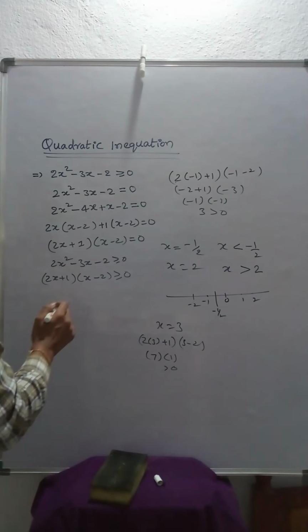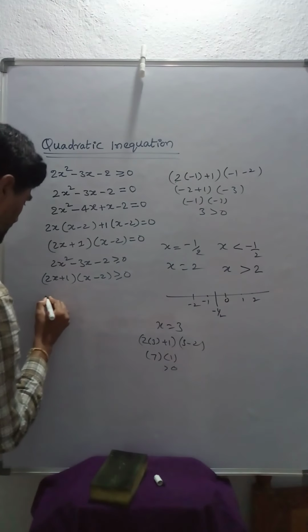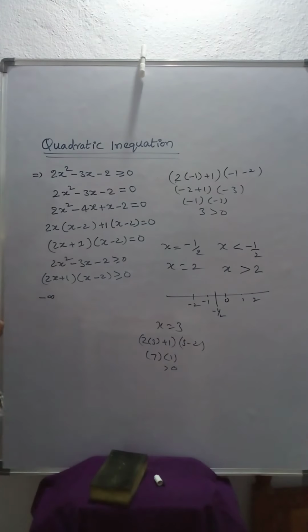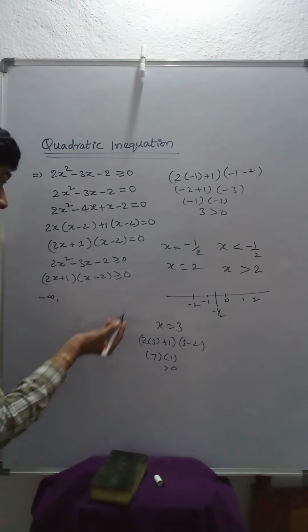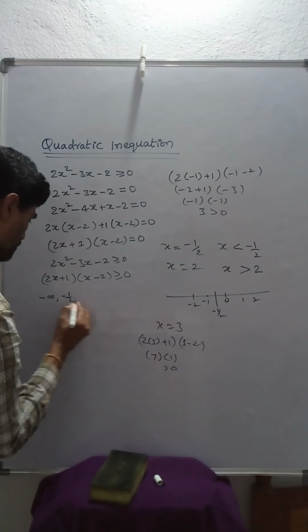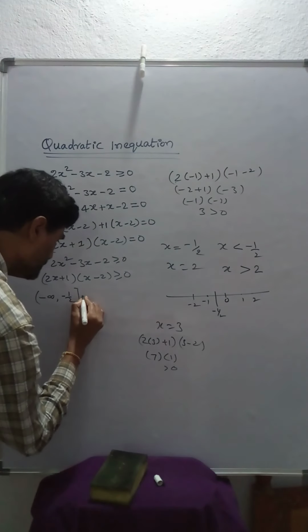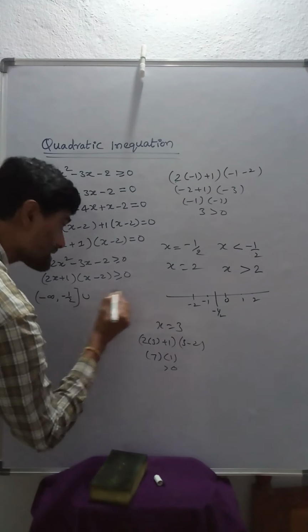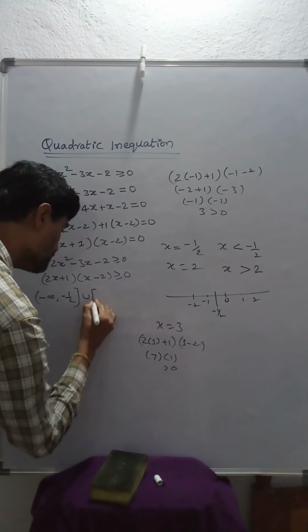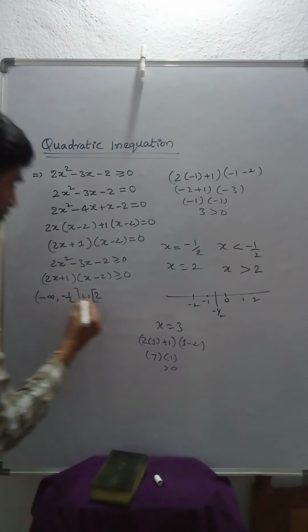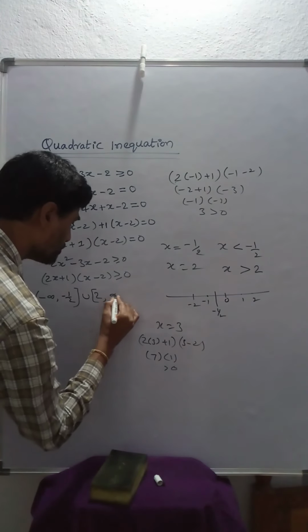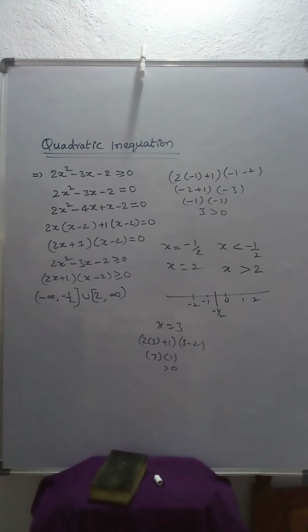So our solution set starts from the negative side and includes minus 1 by 2, so I should keep the closed bracket here. Union, it starts with the value 2, so a closed bracket there, continuing up to infinity.